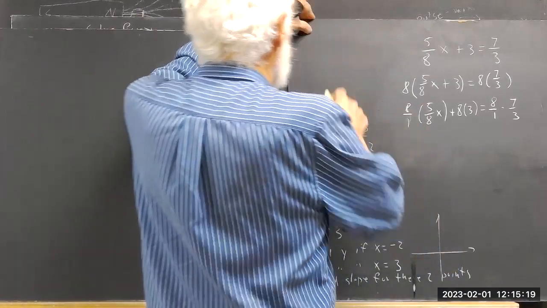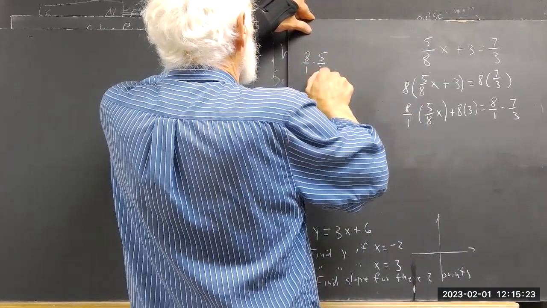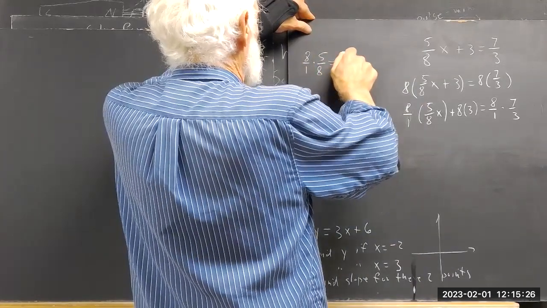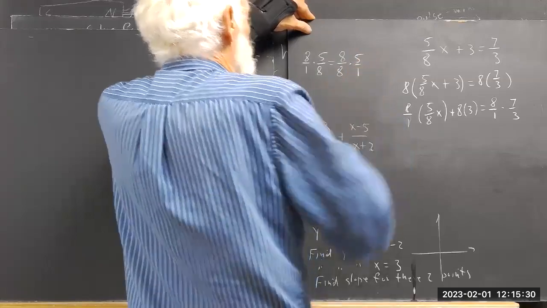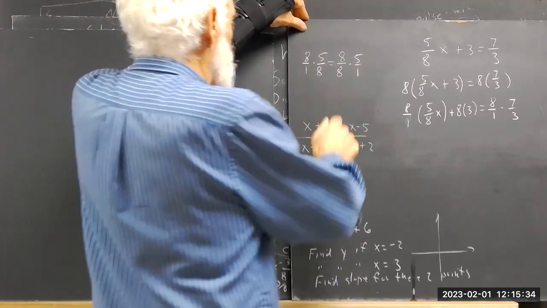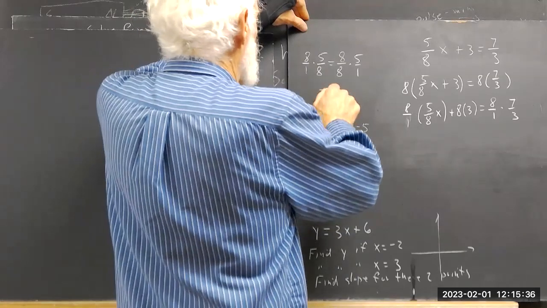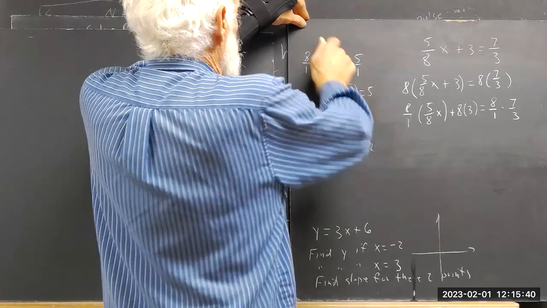I don't make too many steps. I'm going to say 8/1 times 5/8 is the same as 8/8 times 5/1, and 8/8 is 1. And that gives me 5.